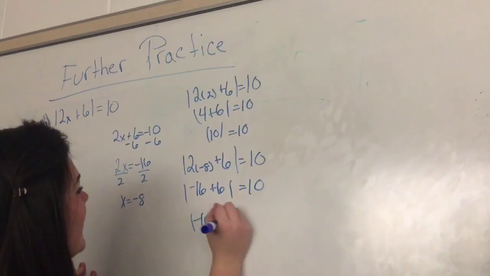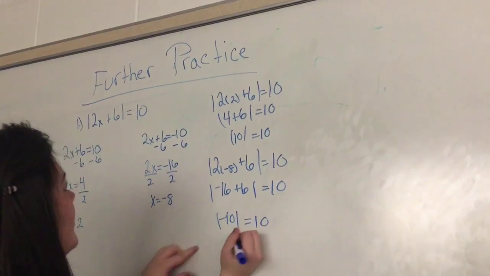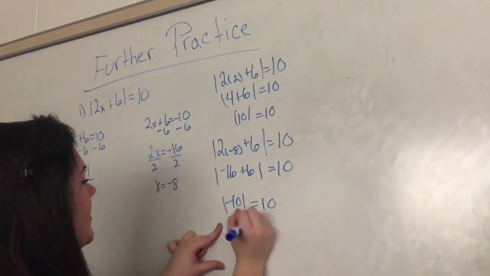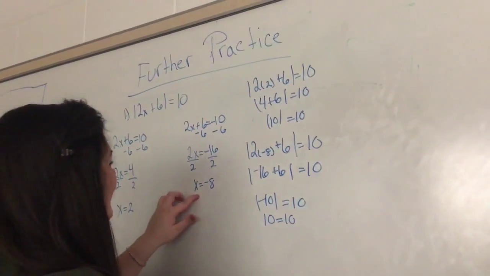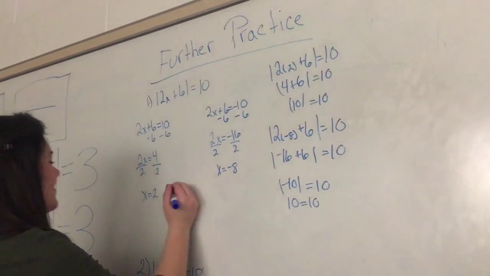The absolute value of negative 10 is equal to 10, so the second x value is true too. You would write your answer like this.